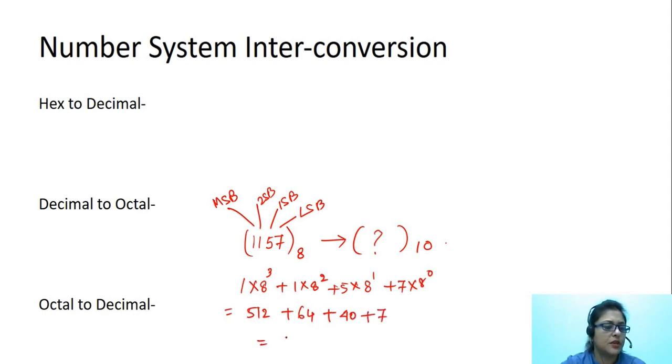So it comes out to be 623. So this is the decimal representation of the octal number 1157.